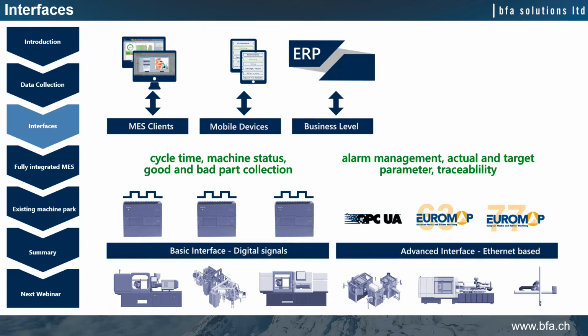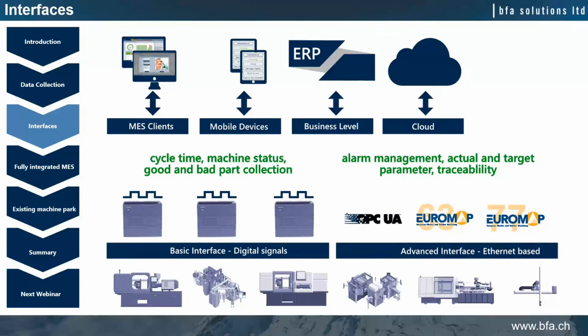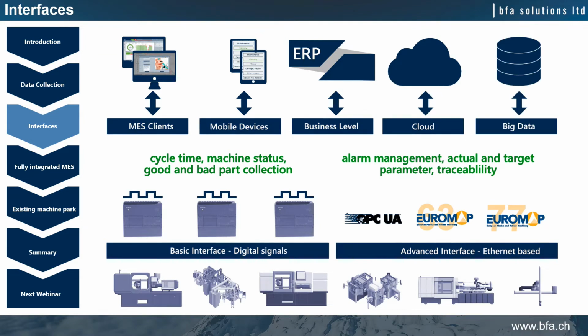We have the ERP system, such as business software used for import and export function, typically for order handling. We have a cloud platform, such as SaaS or Software as a Service. And finally, big data storage for data analytics.